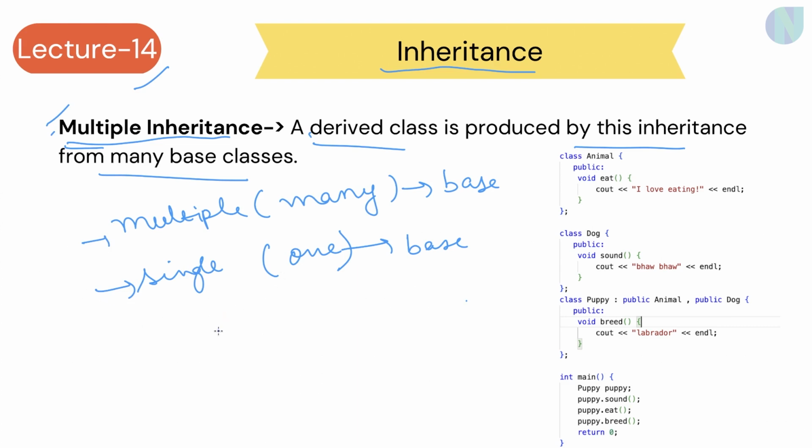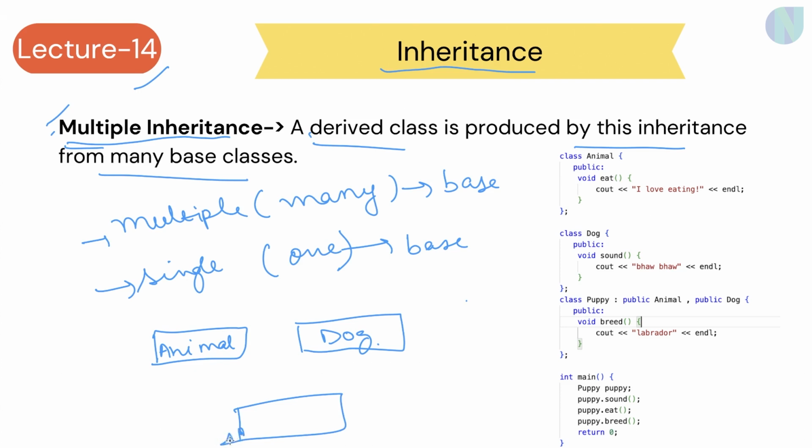So let's understand it from an example. Let's consider a class animal. Now consider one more class, dog. There are two classes, animal and dog, and a class which is deriving some properties from these, called puppy. Consider that the class animal has a property called eat.